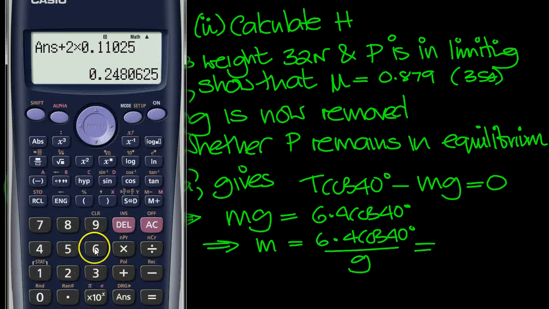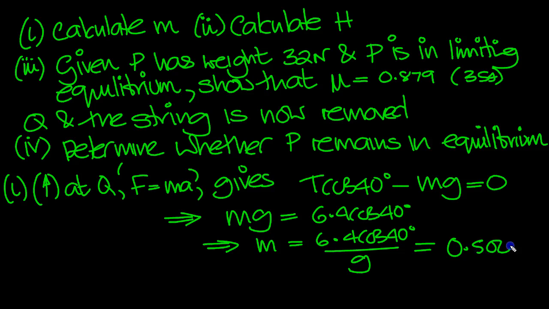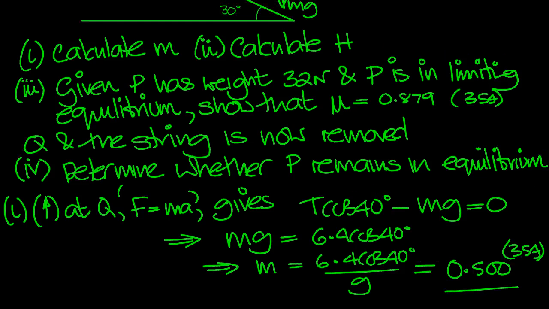Type it in the calculator: cos 40 in degrees mode, divided by 9.8, equals 0.500 to 3 significant figures. So there's the mass that we've got.